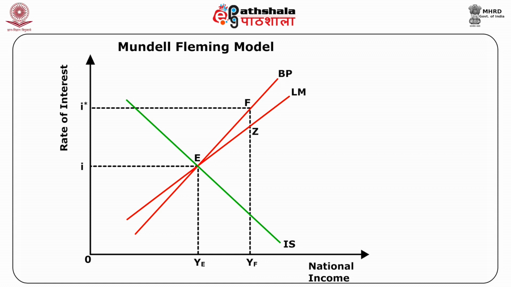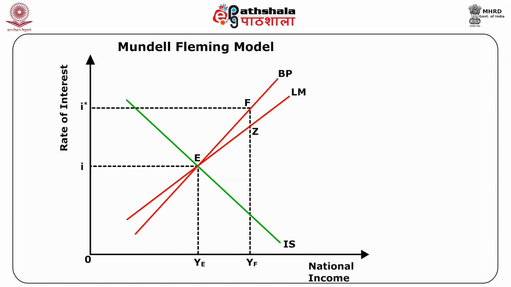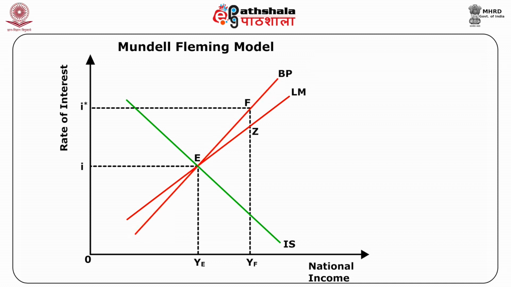To the left of the FE curve, the nation has a balance of payments surplus, and to the right a balance of payments deficit. The more responsive international short-term capital flows are to changes in the interest rate, the flatter is the BP curve, but the BP curve is drawn on the assumption that the exchange rate is constant. So the BP curve does not shift.